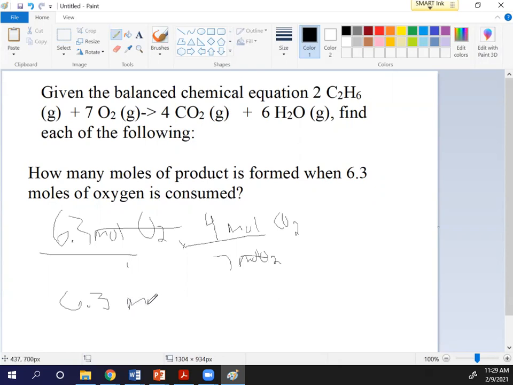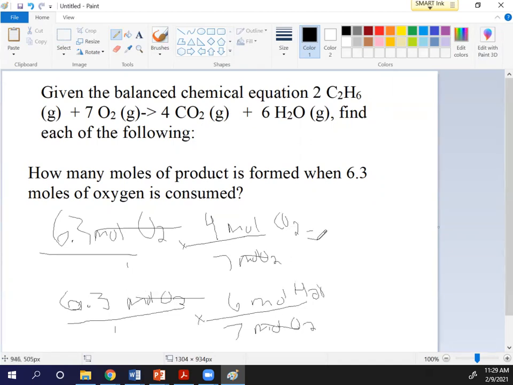6.3 mole O2 over 1 times the 7 mole O2 on the bottom does not change, does it? No. Only thing that changes is now 6 mole H2O. Moles O2 cancel.